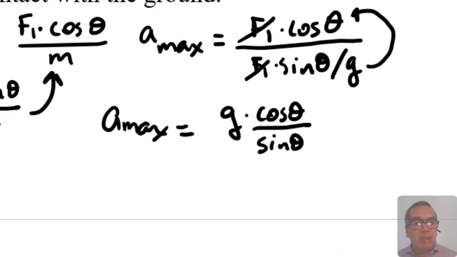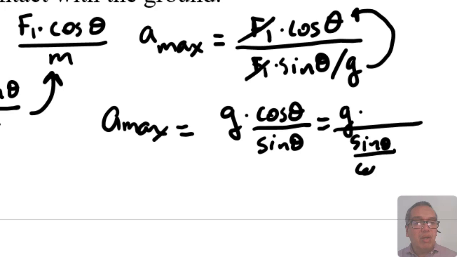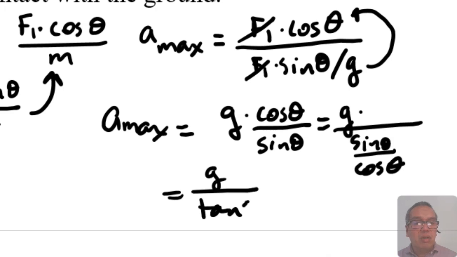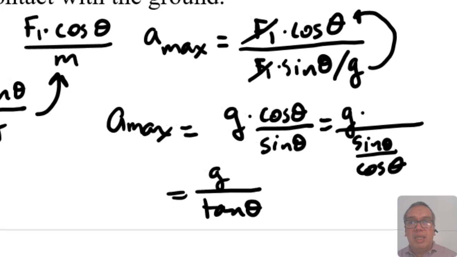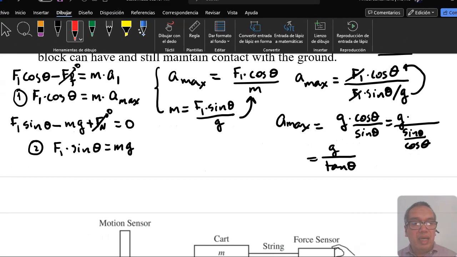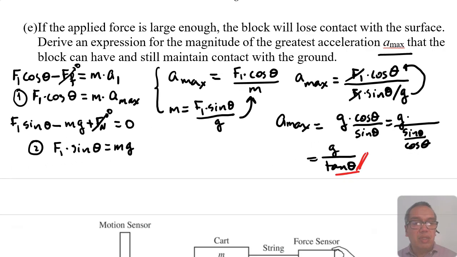Now, this is the same as writing G divided by sine of the angle over cosine of the angle. But this is the same as G divided by tangent of your angle. And that would be a nice final answer for A max.